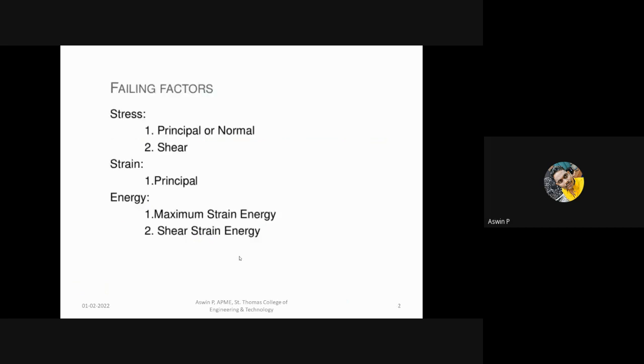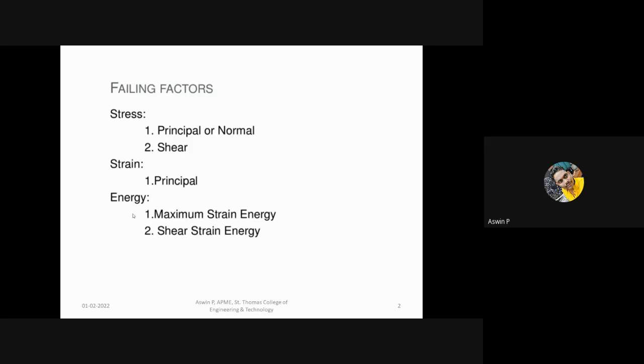When we are discussing this, first of all, we must know what the factors for failure are. Whenever a component or a device or anything fails, there may be 5 reasons. Due to stress, strain, and energy, all accumulating, you will get 5 failing factors. Please note down. Theory of failure is the heading.